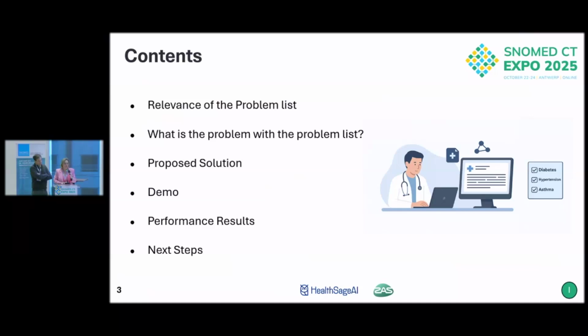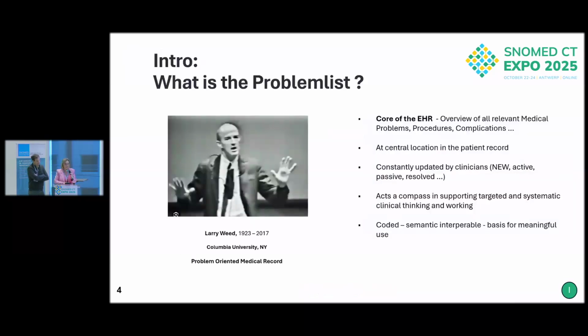So we're going to go through what is the relevance of a problem list for clinicians, what's the problem with the problem list, what's our proposed solution, what is the performance, what are the results, and what are our next steps, where do we want to go with what we've done so far.